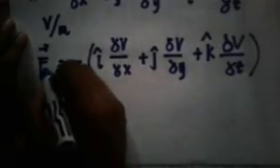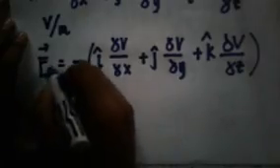So our electric field is in terms of our potential V.